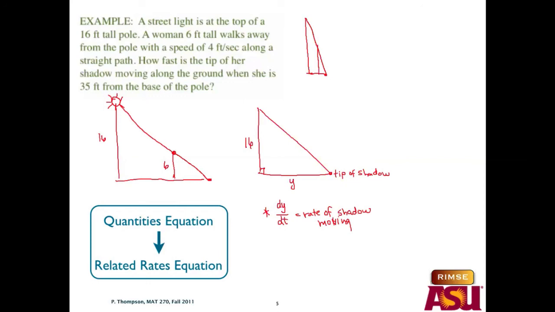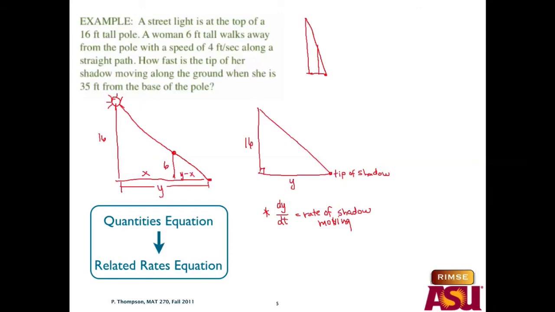Now, her motion is this part back here. Thinking about her distance from the pole, let me call that x. So back to the big diagram, if this is y and this is x, then this is y minus x.